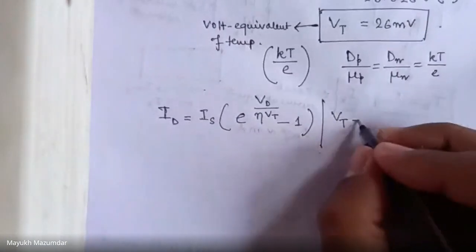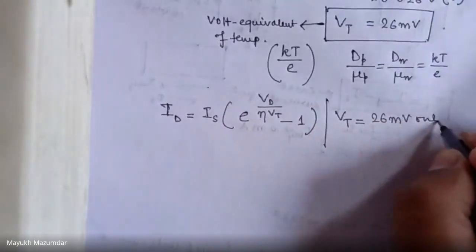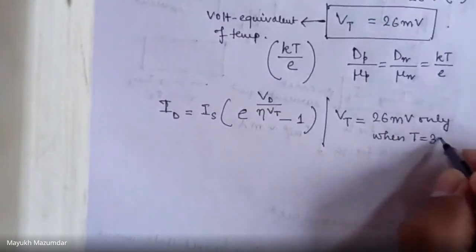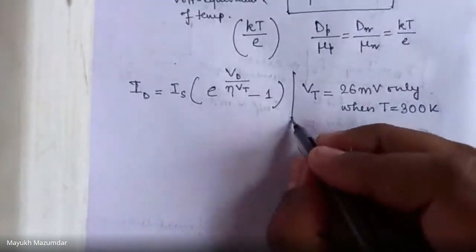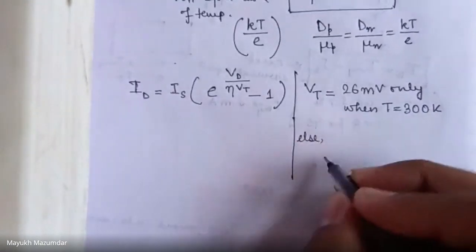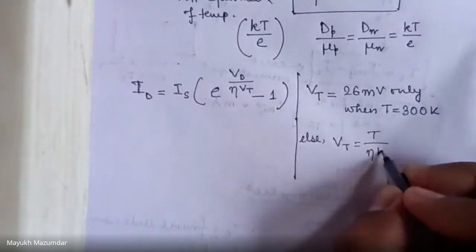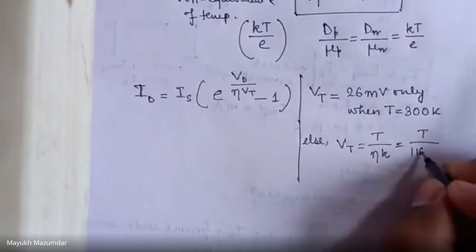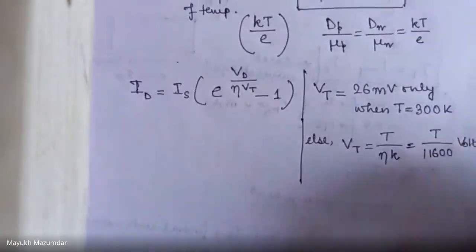VT would be this only when you are at room temperature. Else you have to use VT equals T by eta K, that is T by this many volts.